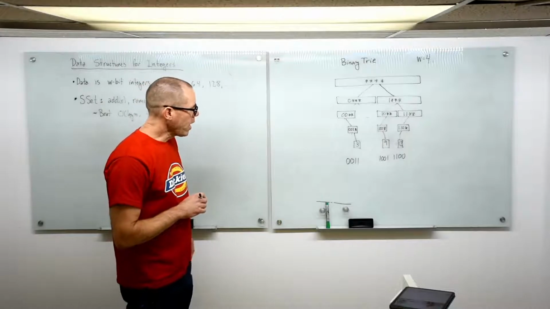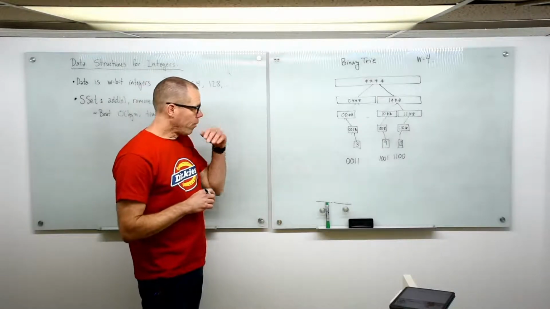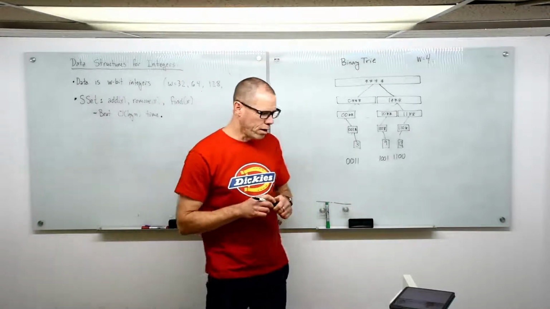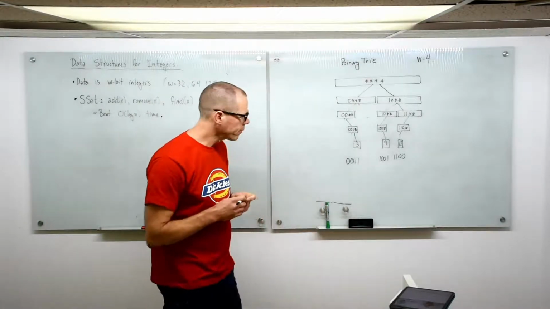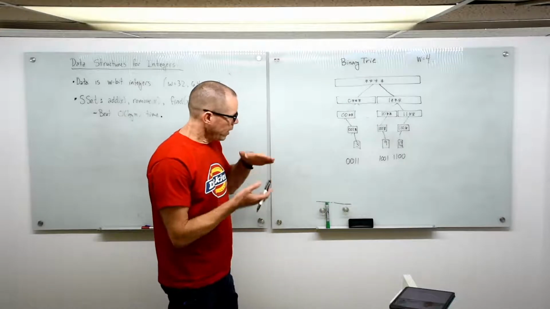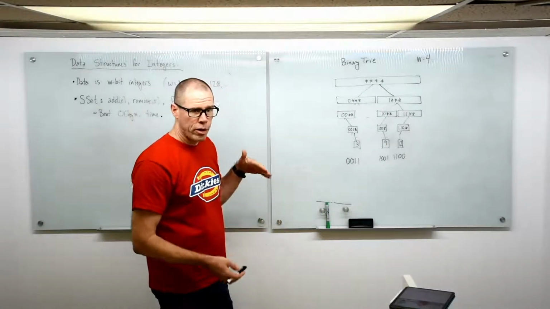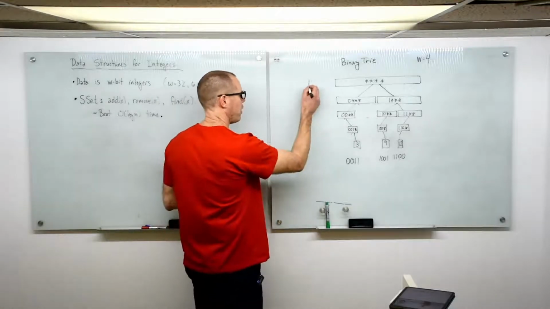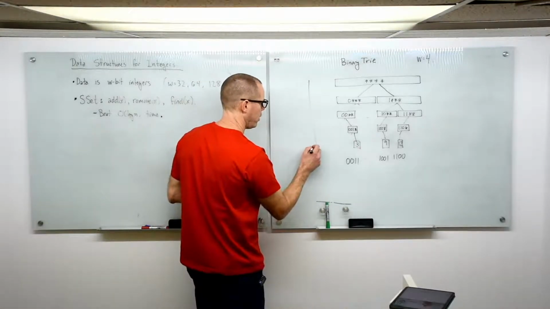And you think of it as, well, the elements that you want to store will be stored in leaves of this binary trie. And the binary trie is a binary tree. All the leaves are at the same depth. The depth is W.